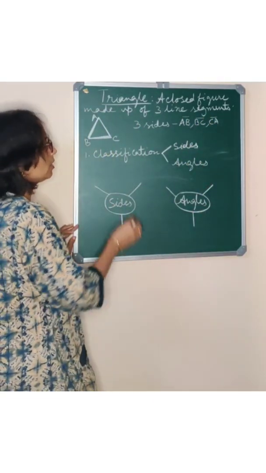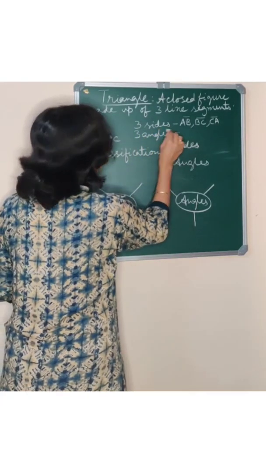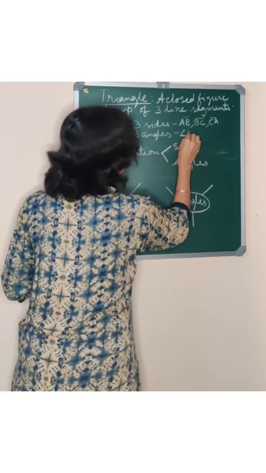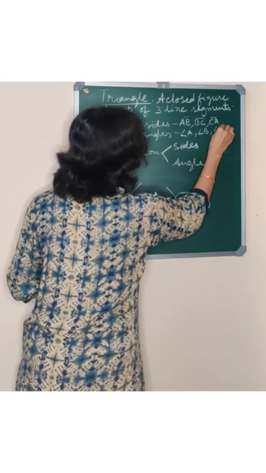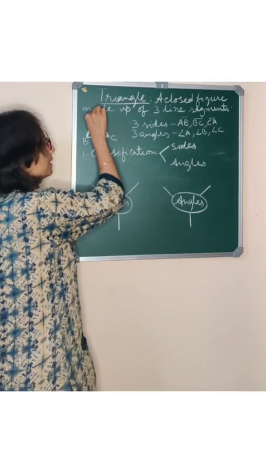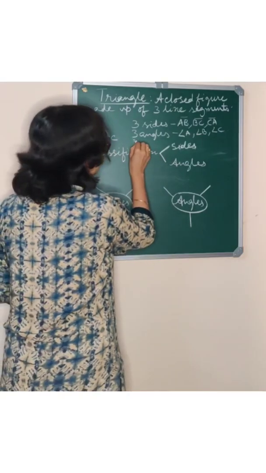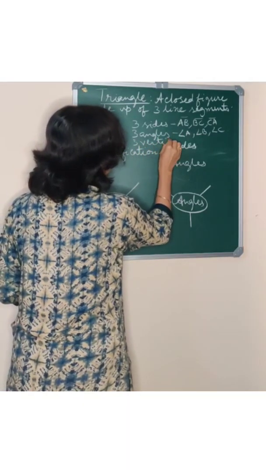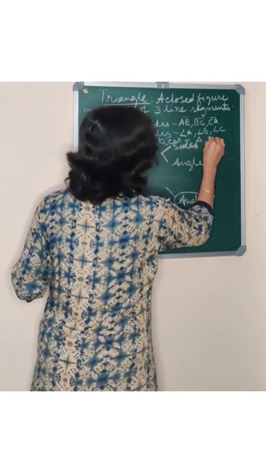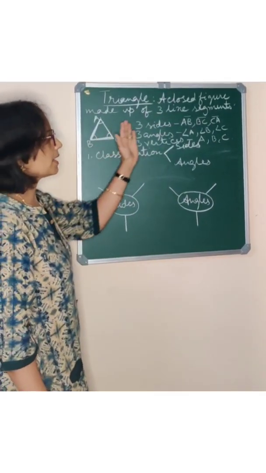Now it has three angles: angle A, angle B and angle C. It also has three vertices: vertex A, vertex B and vertex C. This is your triangle, and these are the parts of a triangle.